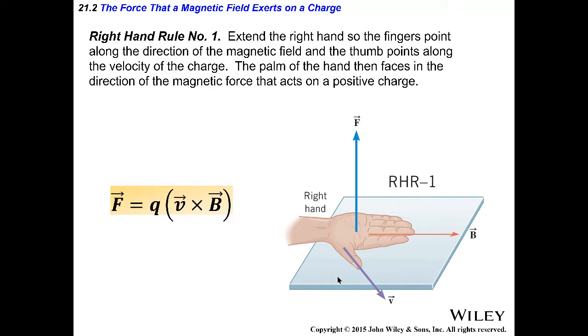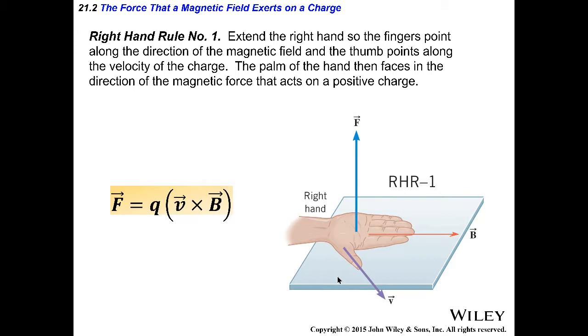Are you able to see what I'm doing? You have to wave your fingers, and first you point your whole palm in the direction of V. So you say, I was going in this direction, and the magnetic field is to my left.